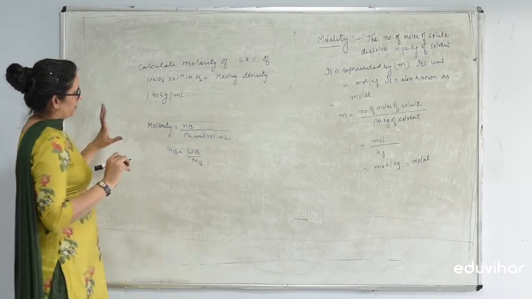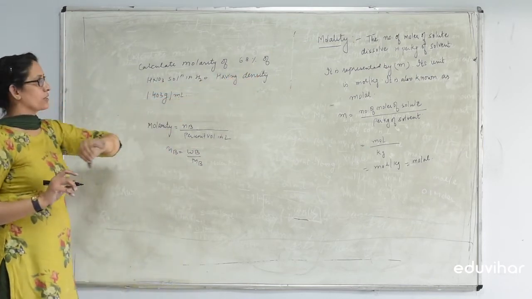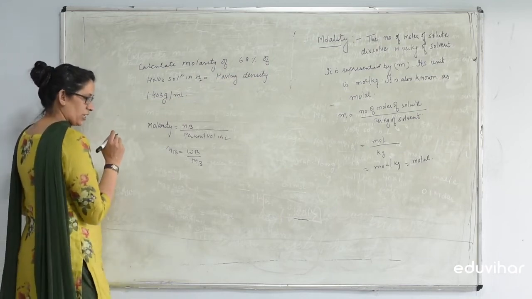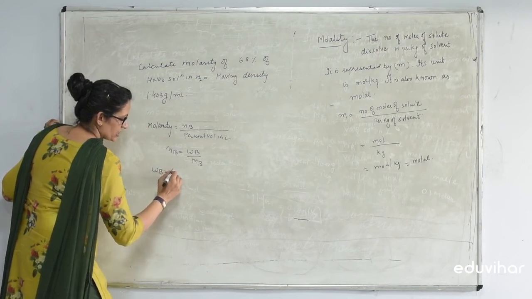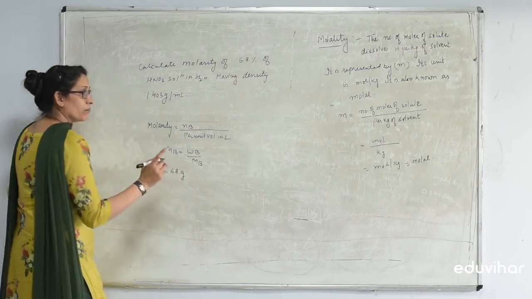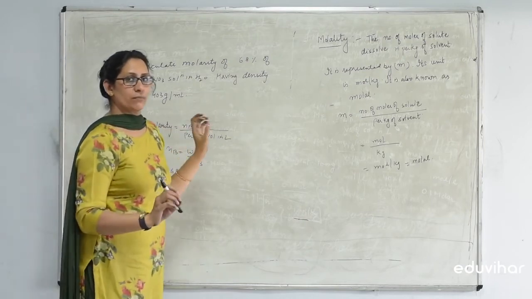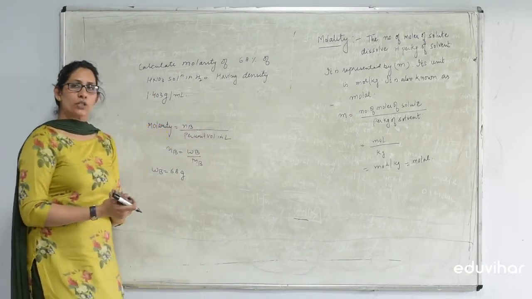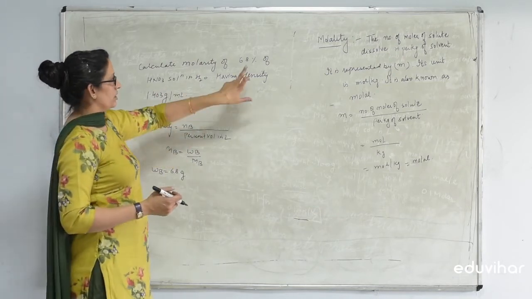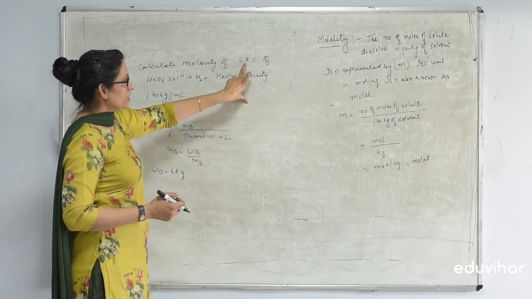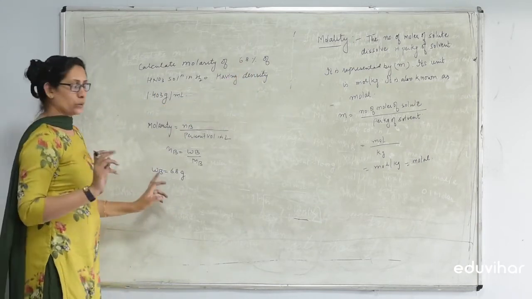In this question, we are given 68% by mass of HNO3. 68% by mass HNO3 means Wb is 68 gram. Mass by mass percentage tells us that if any solution concentration is given in percentage, this percentage gives you the mass of solute.